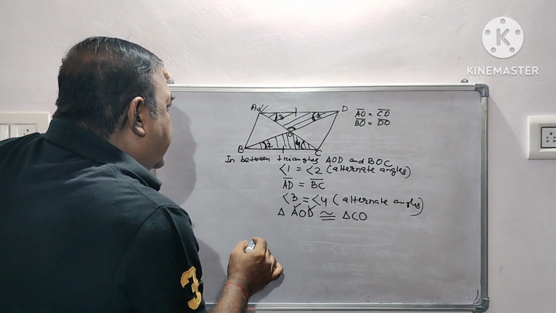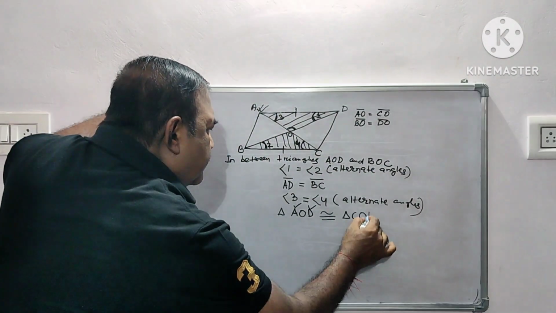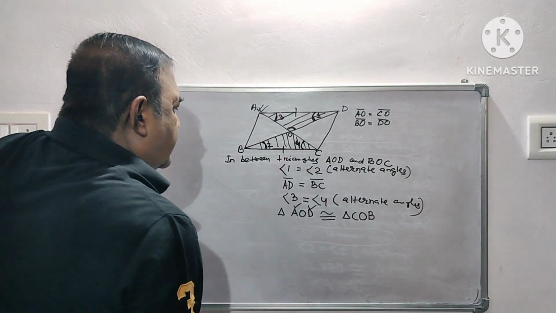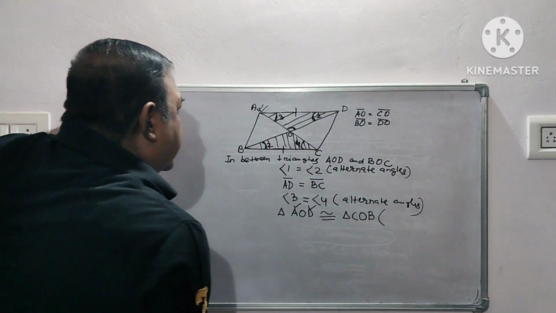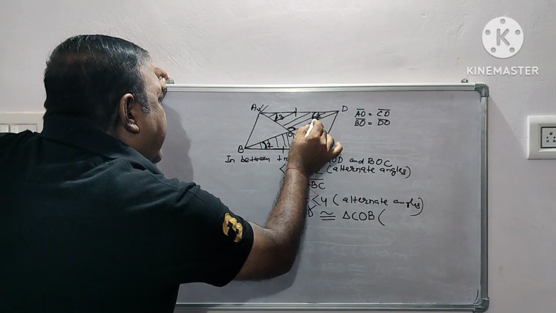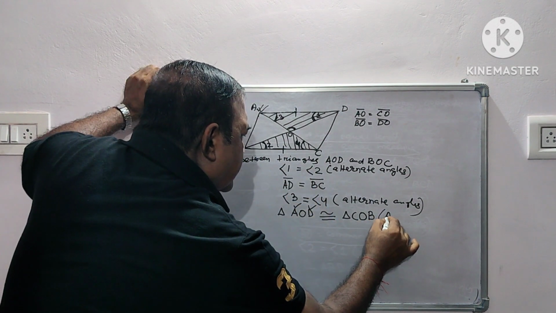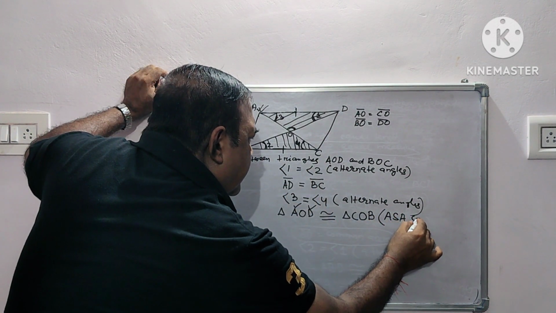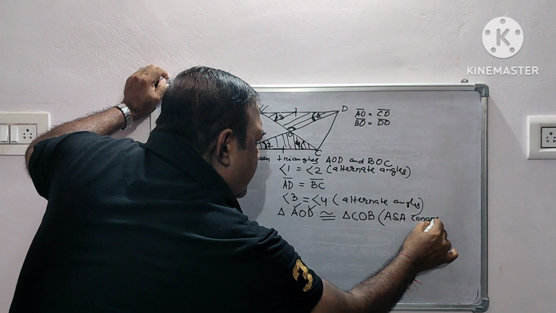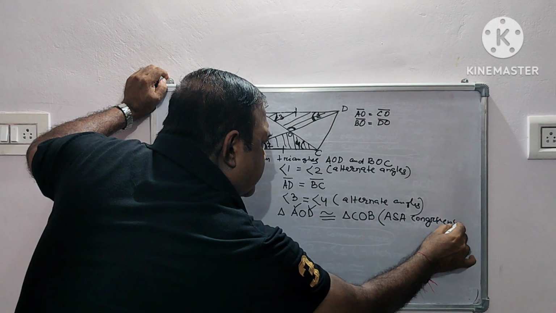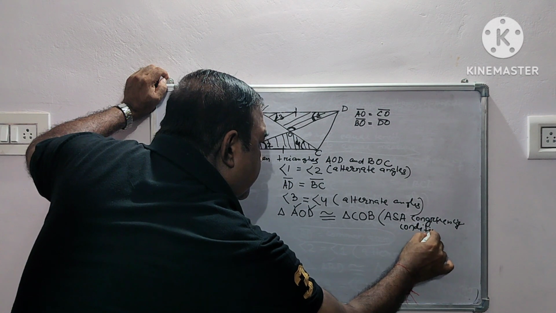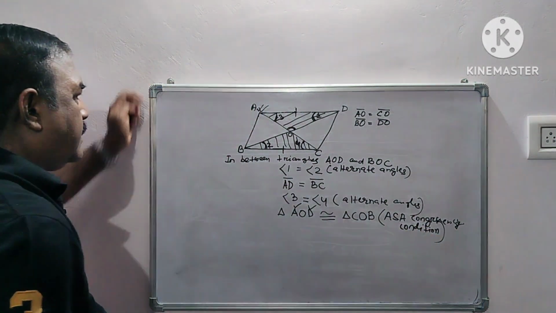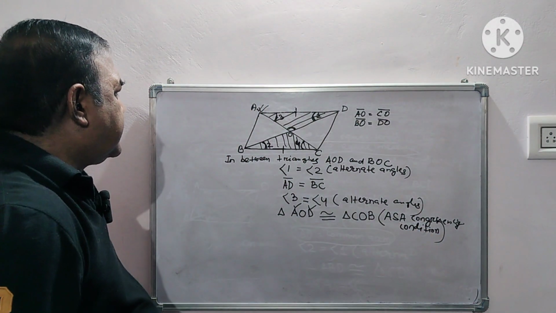So we have to write here COB. So what is the congruence condition here? Angle, side, angle. ASA is a congruency condition.